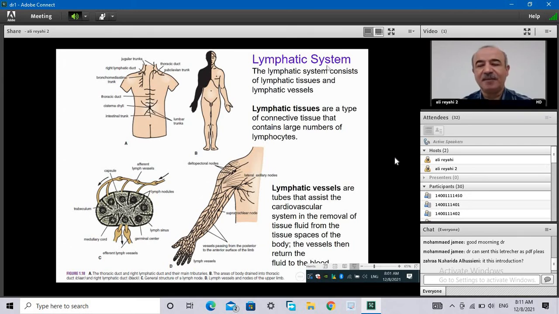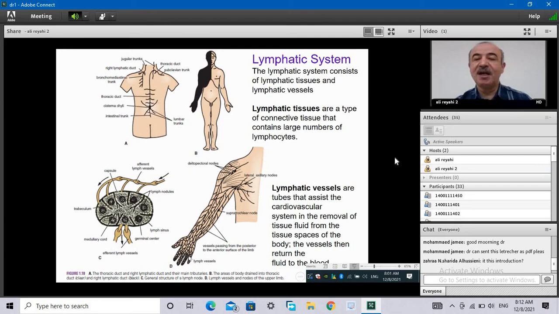The other system in our body is called the lymphatic system, okay? I described what the lymph is. The lymph is the additional fluid within the connective tissue or other tissue that is collected by the lymphatic vessels. You can see in this picture the small lymphatic vessels, for example, in the upper limb. These vessels pass through the lymph nodes and are filtered here.